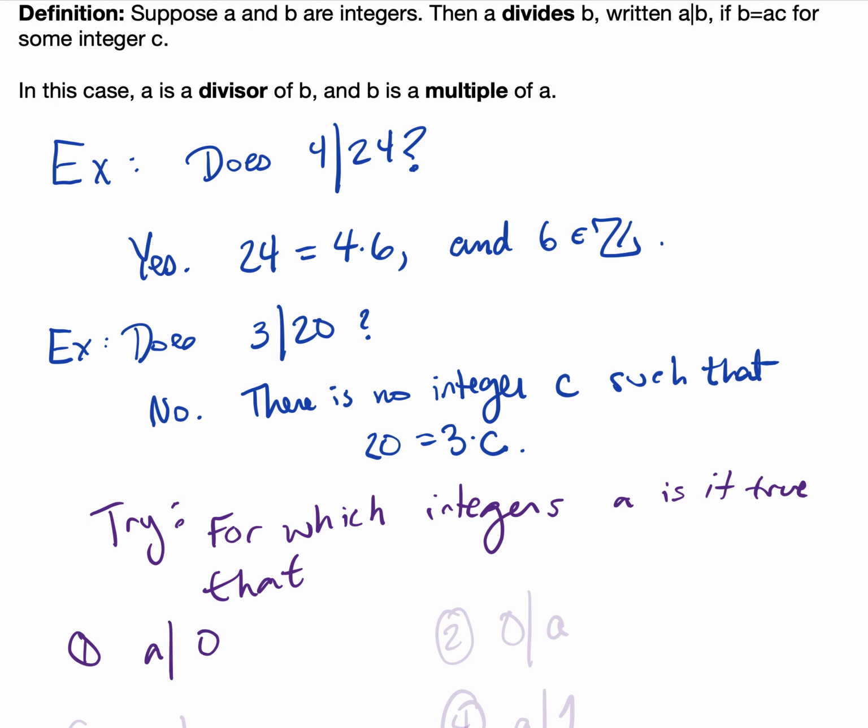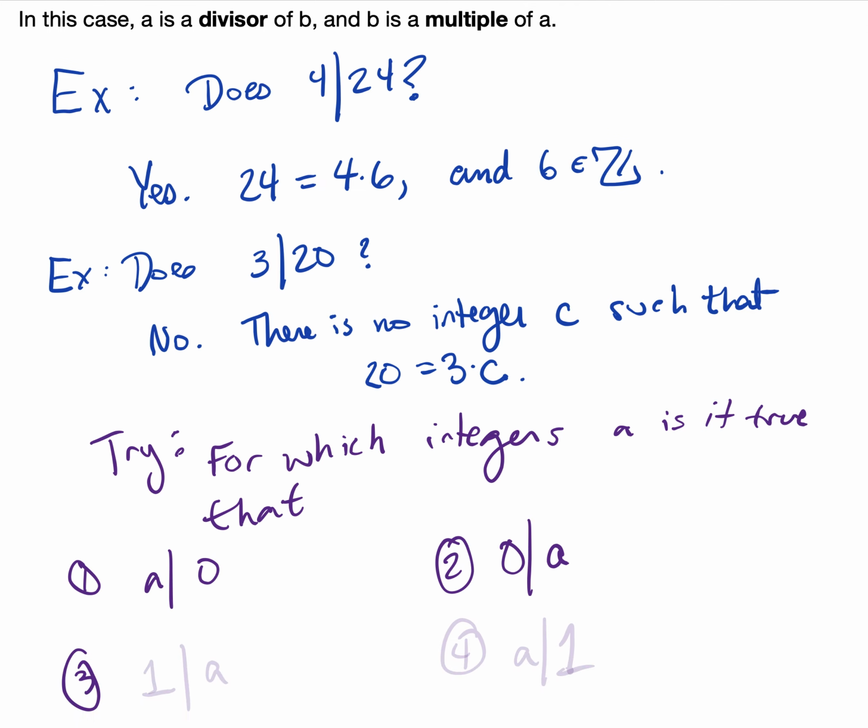Also, for which integers a is it true that 0 divides a? 3, for which integers a is it true that 1 divides a? And 4, for which integers a is it true that a divides 1? So figure out which integers a fit each of those criteria, and we'll talk about it in just a moment.